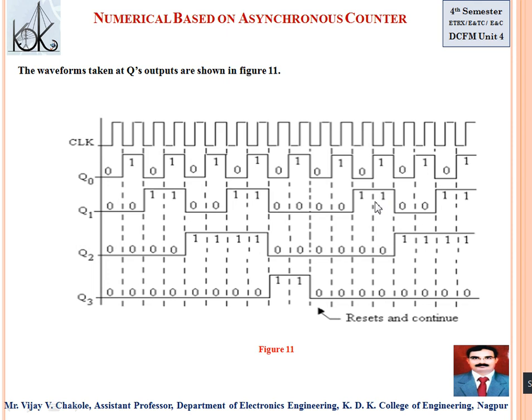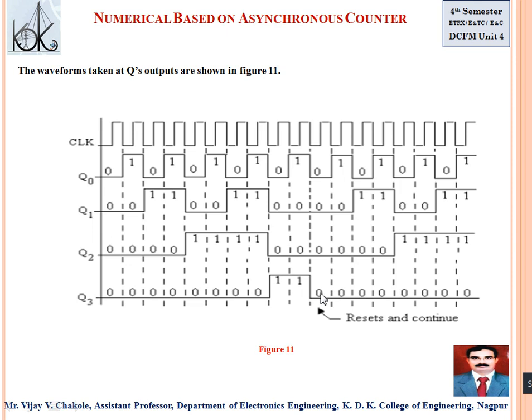This is shown in the waveform. Initially Q3 is MSB and Q0 is LSB. 0 0 0 0, then 1 2 3 4 5 6 7 8 9, up to 9 it is okay. After the 9th clock pulse, the 10th clock pulse comes here. The reset logic circuit is activated and you go to 0 again.